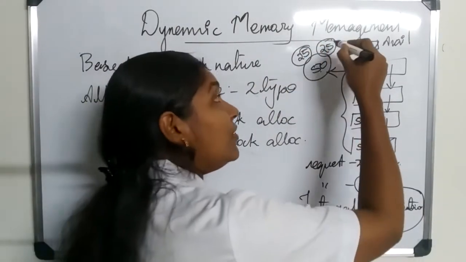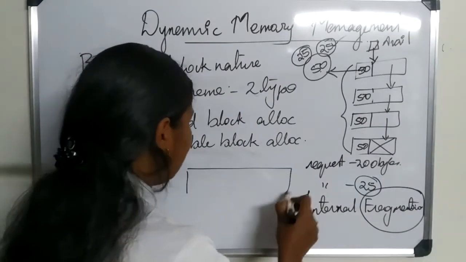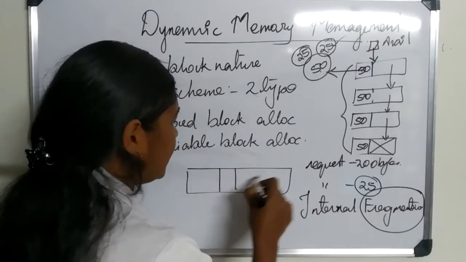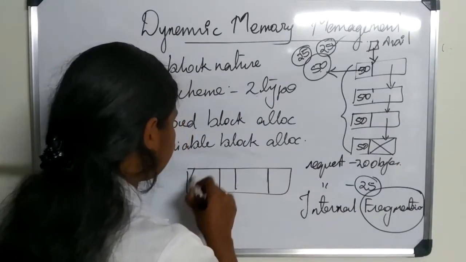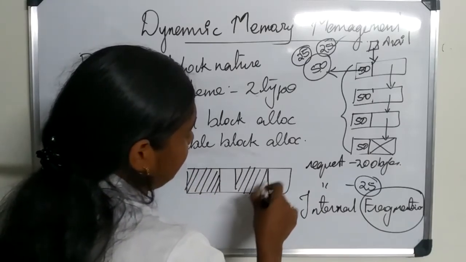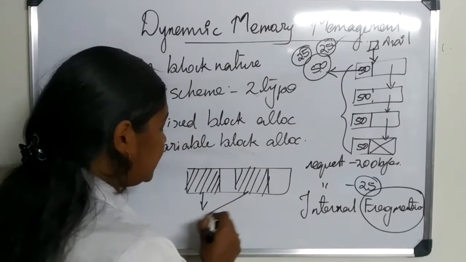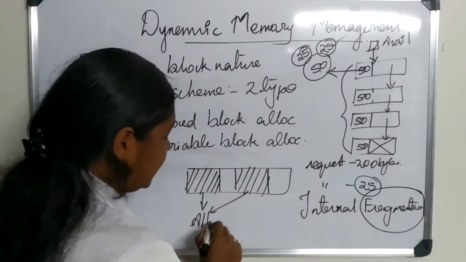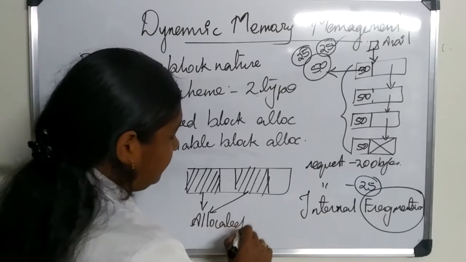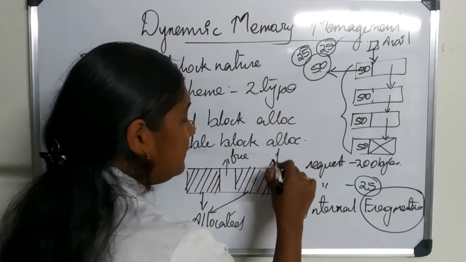So the whole concept is that in between allocated areas, some remaining memory spaces are there. Here you can see these shaded areas are the allocated spaces, and these are the free memory. This is also free memory.